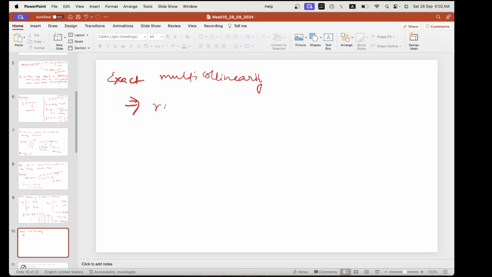What this implies is that the rank of this x is actually less than p, the number of parameters to be estimated.